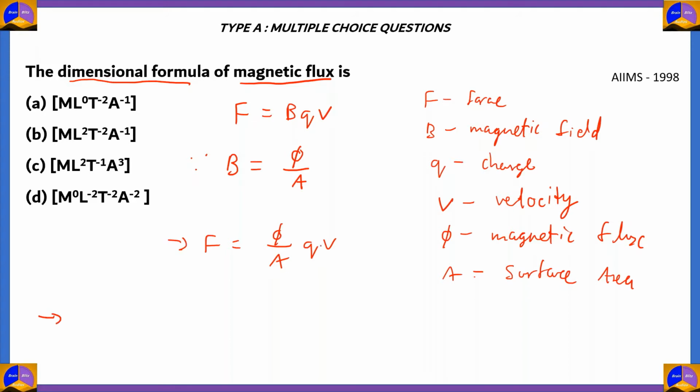So now let's write this formula in terms of magnetic flux. So we have magnetic flux on the left-hand side. So area comes to the numerator, so that is FA. Q and V are on the numerator, so they go down to the denominator. So phi is equal to FA divided by QV.